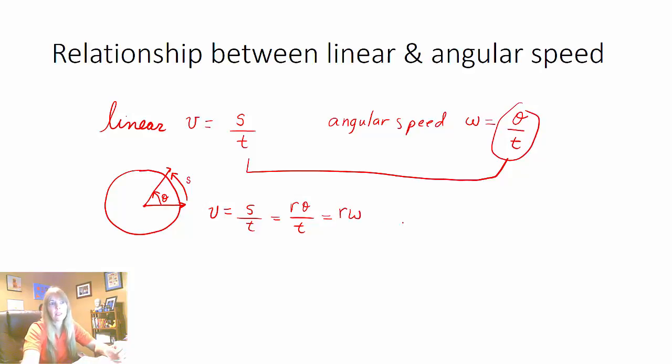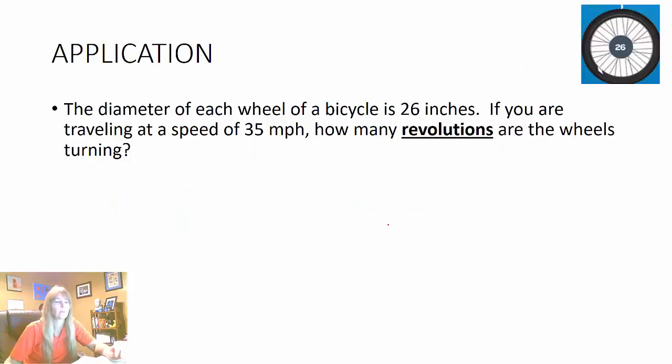So that just simply says it's the radius times my angular speed. And once again, we have to remember that this is going to be in radians. So it makes it kind of nice to have a little shortcut. If you're looking for linear speed and you know angular speed, then you just simply take the angular speed and multiply it by the radius.